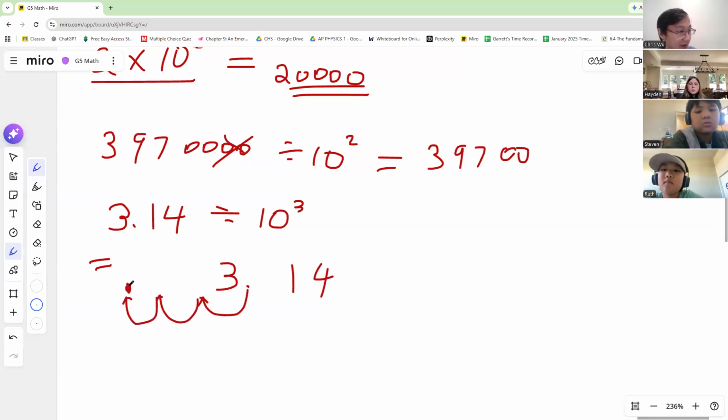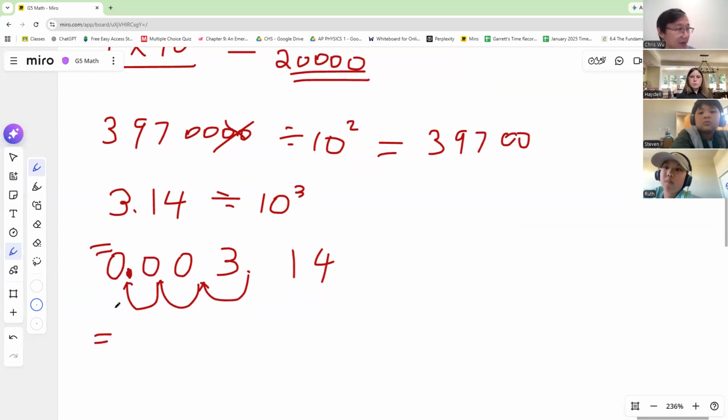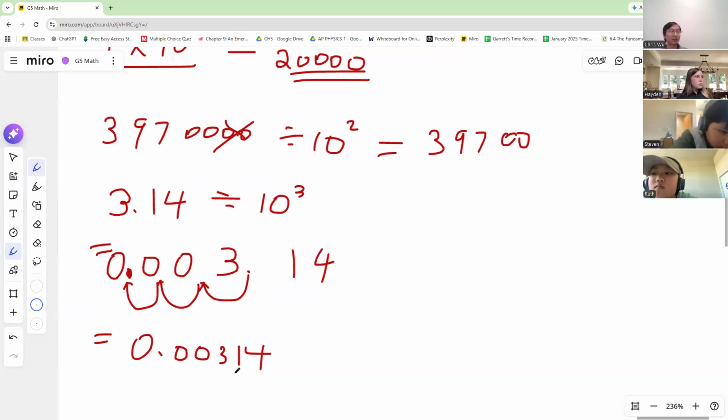So the decimal is down here, but I can't have dangling place values. So let me put a 0 here. Let me put a 0 here. And this one, you should probably put a 0 here as well. I know sometimes people ignore the 0 at the beginning before the decimal, but I think it's good habit just to include a 0 there as well. So that will be the result when I moved it 3 times to the left. Okay, we're making it 1,000 times smaller. So that's that. All right, cool. So hopefully we're clear on that.